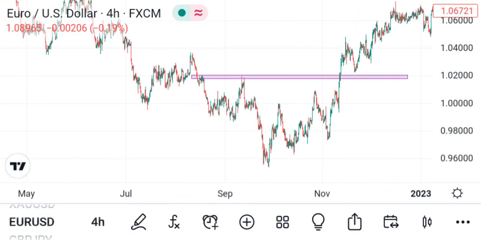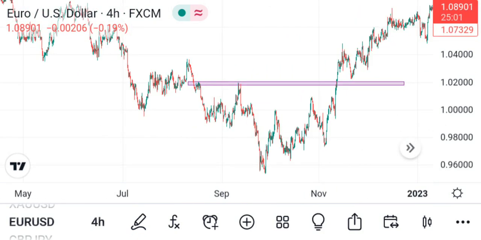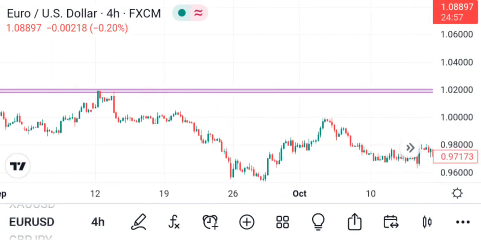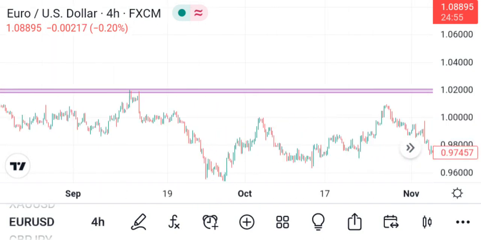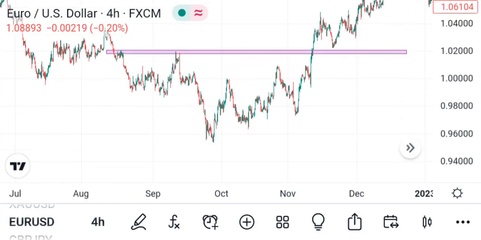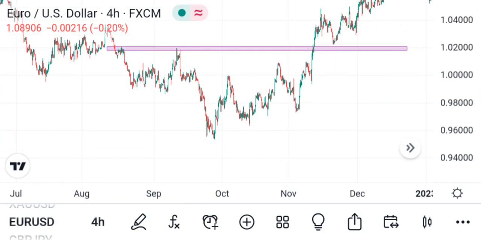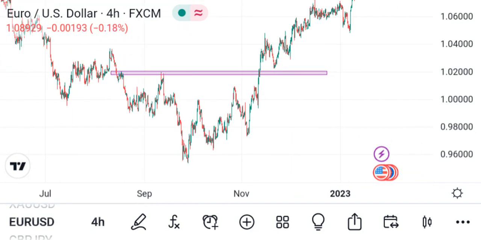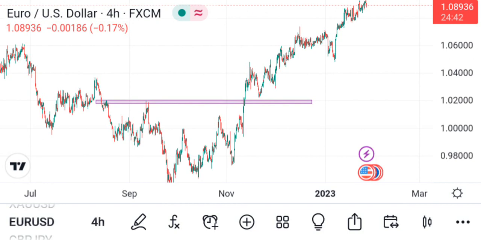Because why? This was actually the first institutional order block that took the market to the downside. And this also was the last one. So when the market came up, it broke this zone here, and it actually pulled back to it.